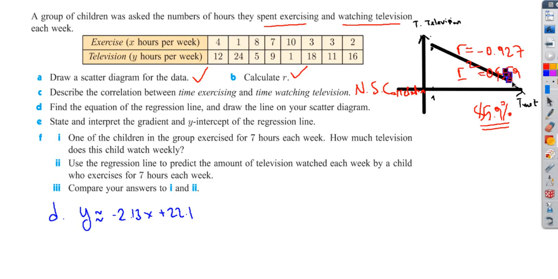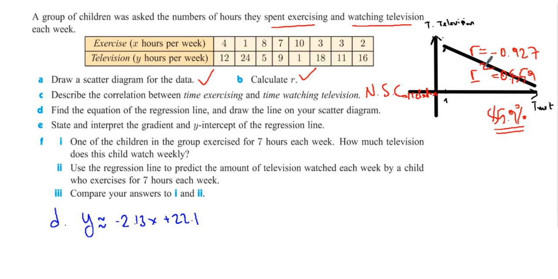An increase in the independent variable will cause a decrease in the dependent variable. So it's straightforward: 1 hour of exercise will decrease the time spent watching television by 2.13 hours. So exercising is good for health, something like this.